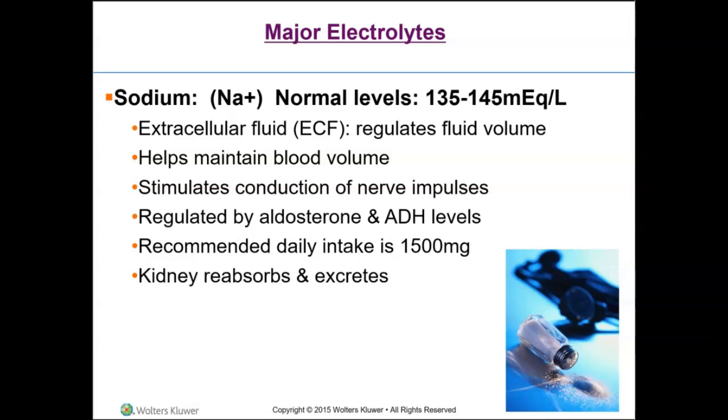A low level of sodium is called hyponatremia, and an excess of serum sodium is called hypernatremia. Again, sodium is an extracellular solute, and its main action is to regulate fluid volume.